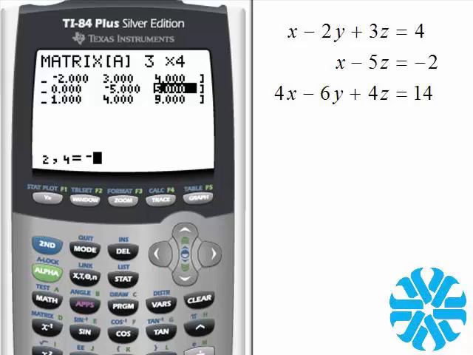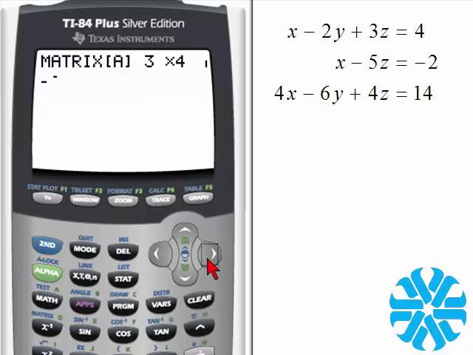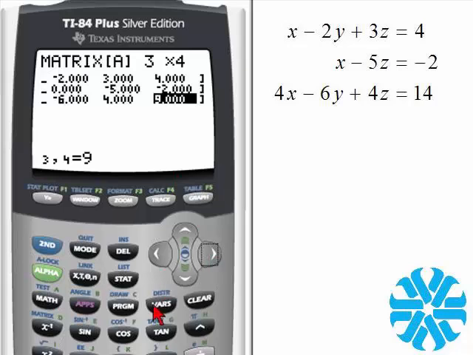Select enter. Alright, and then we have 4x. Select enter. Then minus 6 for the y. And then 4 for the z, that's fine. And then we move over, and that should be 14. Select enter.